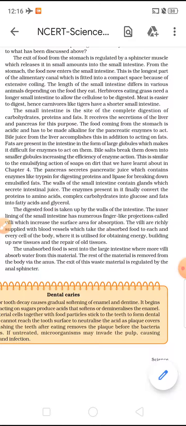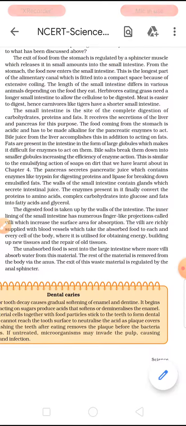Break them down into small globules by increasing the efficiency of enzyme action. So enzymes will be continuously helping to break these large globules. This is similar to the emulsification action of soap, which you have studied. So with this, it will help in the breakdown of fat.